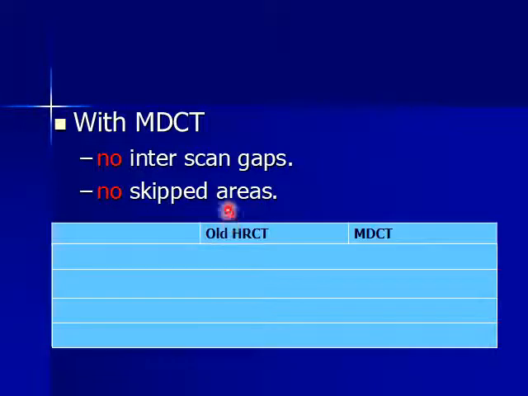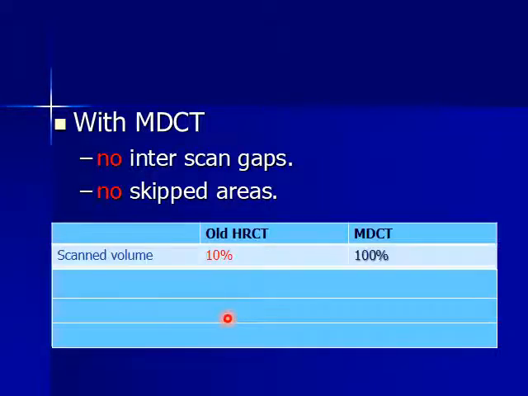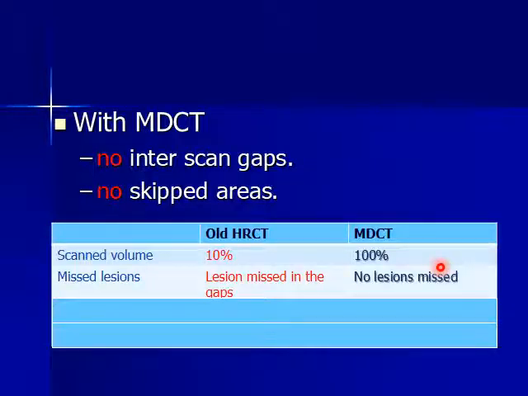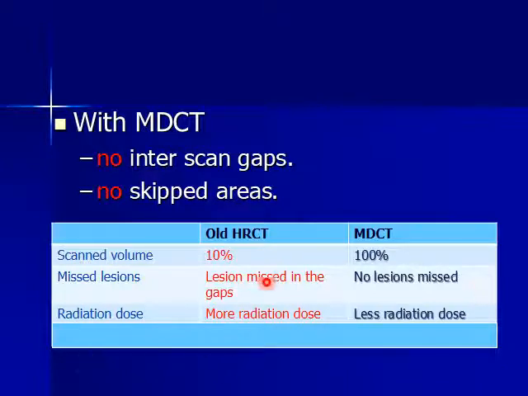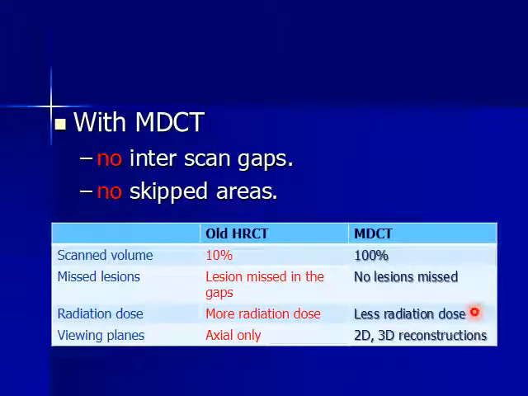Let me compare the old one and the recent multi-detector CT high resolution. In the old one, we cover 10% of the lungs, but in the multi-detector, we cover 100%. Lesions can be masked in the gaps, but here, no missing. There is more radiation dose in the old one, less in the multi-detector CT. We do it in the axial plane only, but here we can do 2D and 3D reconstructions, which are very important.